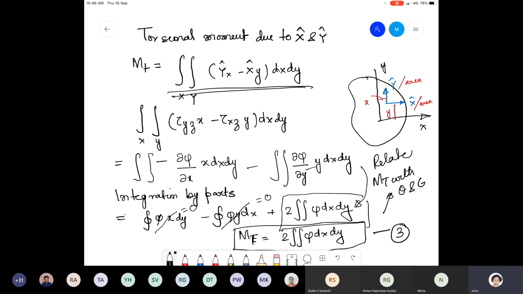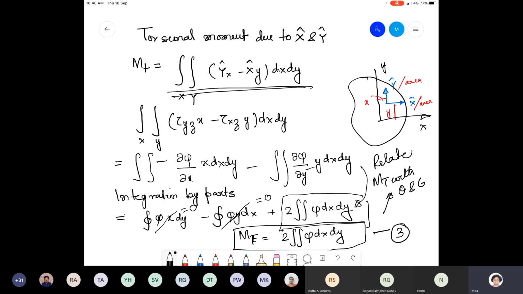If I'm able to relate the externally applied moment MT in terms of theta and G, then I can get the torsional rigidity, right? You have done that in your first year class, that the applied torque is equal to shear modulus into the polar moment of inertia, J or IP, into theta, right?